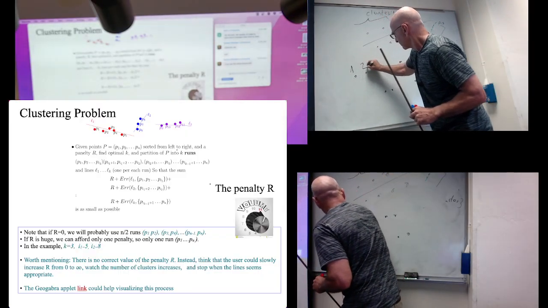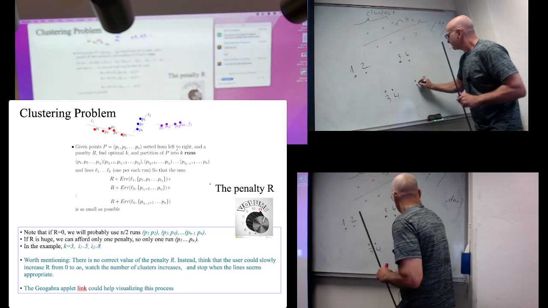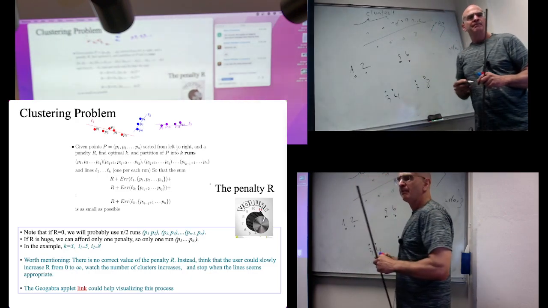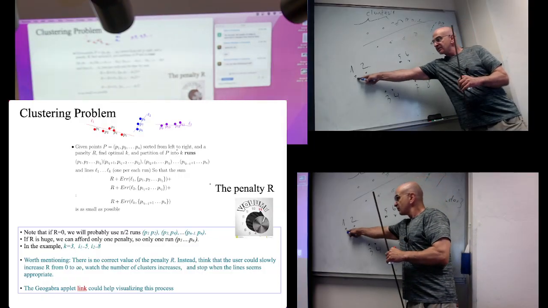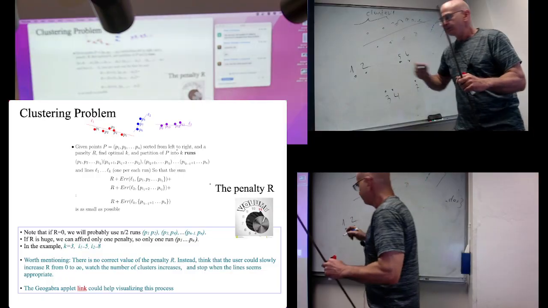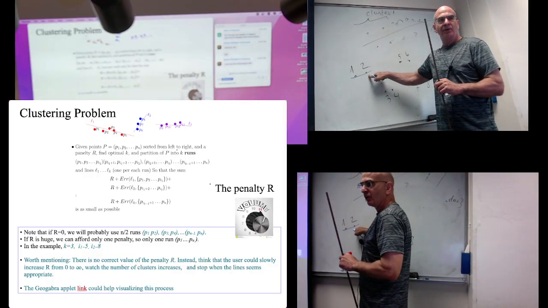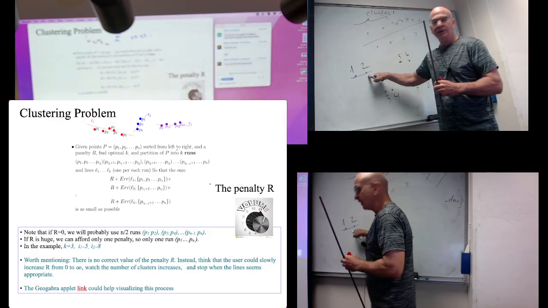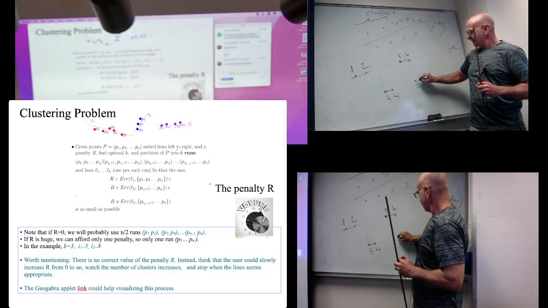For font, I'll just call them 1, 2, 3, 4, 5, 6, 7, 8. Can I find a line that fits very well points 1 and 2? Absolutely yes. You can actually find a line that goes through them with 0 error. I can also cluster 3 and 4, 5 and 6, 7 and 8.